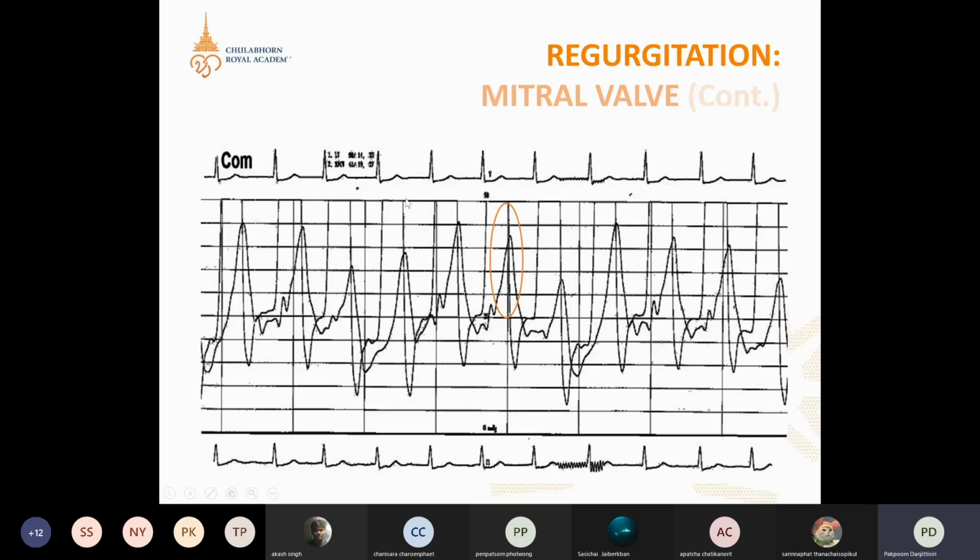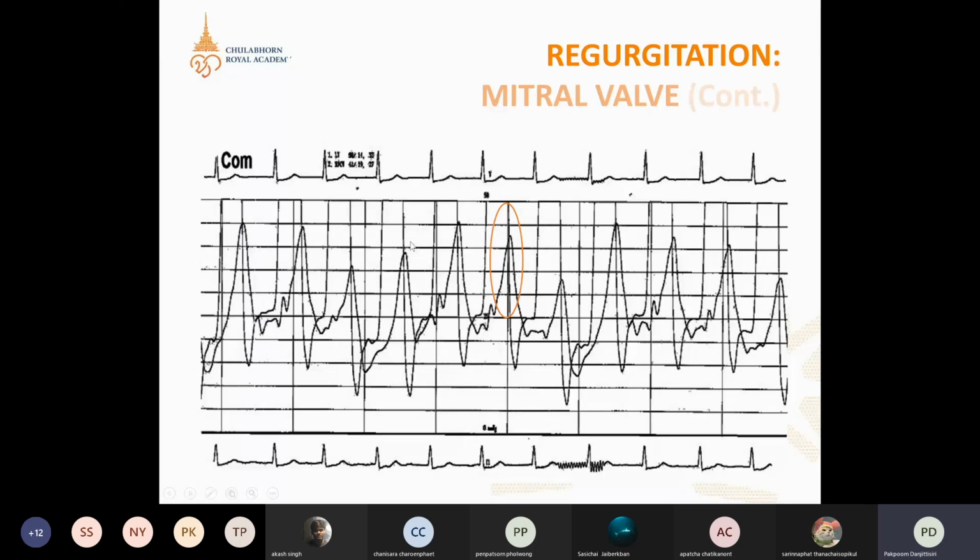End systole is over here, so it will align with the downslope of the left ventricular pressure. So if you remember, the V wave of the left atrial pressure waveform will be on or near the downslope of the left ventricular pressure.